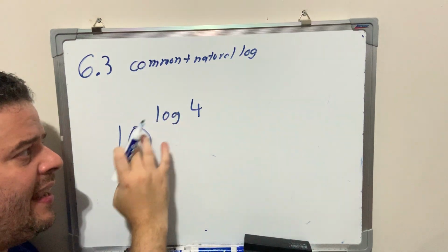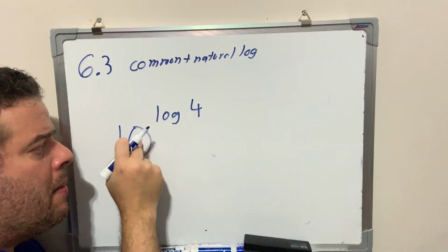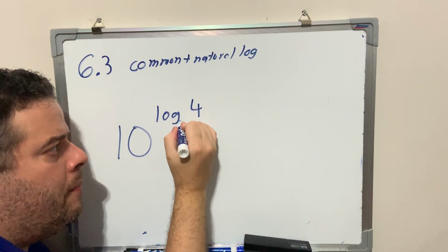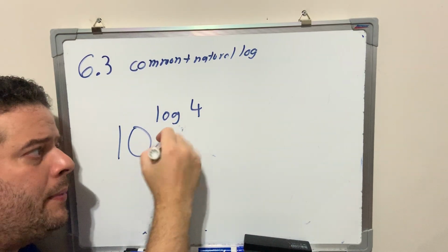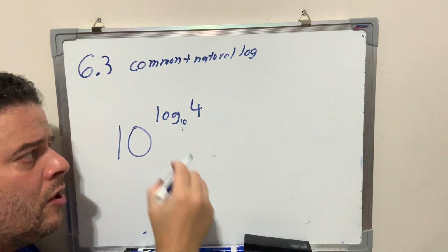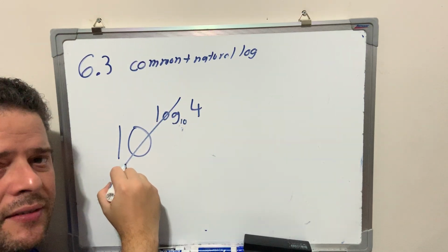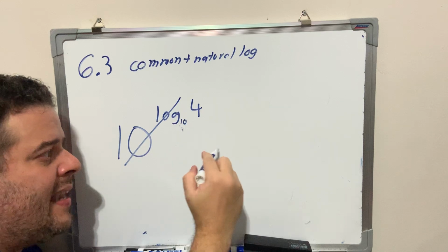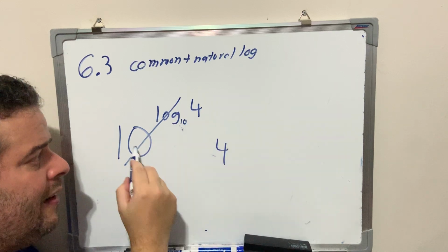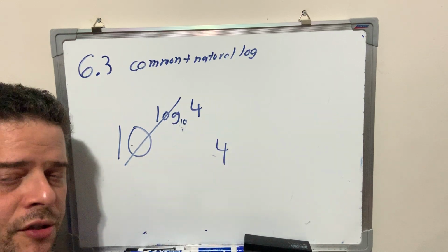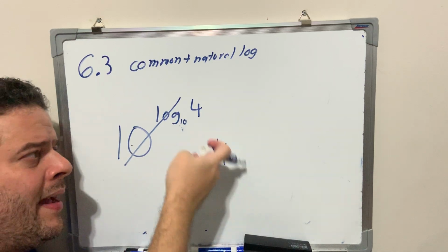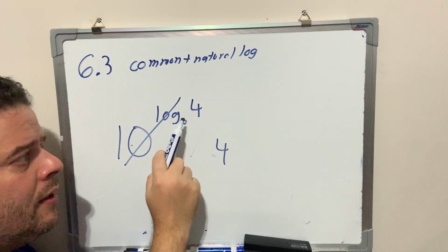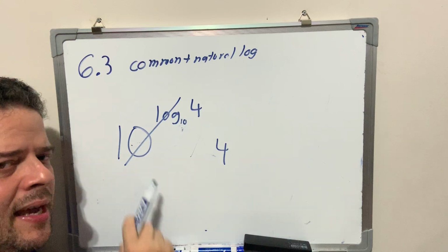In order for this to cancel out, the number has to be identical to the base. And since they tell me log, you know that's a common log, and that's the base. So these two would actually cancel out, and that would be the exact same thing as 4. If you plug this expression into your calculator and hit enter, boom, you would get 4 back because these cancel out. Remember, these numbers have to be identical.